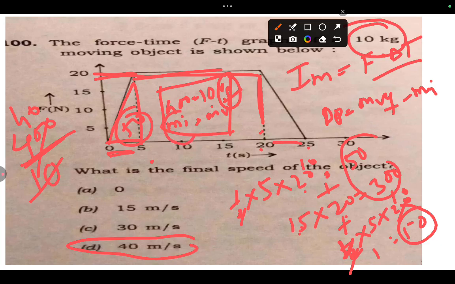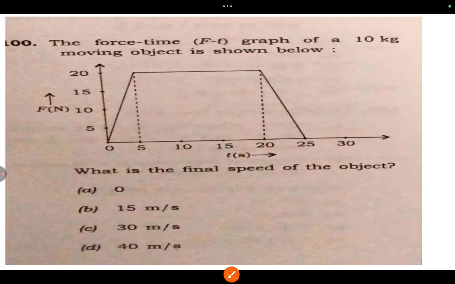Momentum initial is 0, from the area we got 400, and mass is 10. The final velocity is unknown, so Vf equals 400 by 10, which is 40. Okay, clear? This is all about the concept related to the NDA paper 1. If you have any doubt, you can ask me.